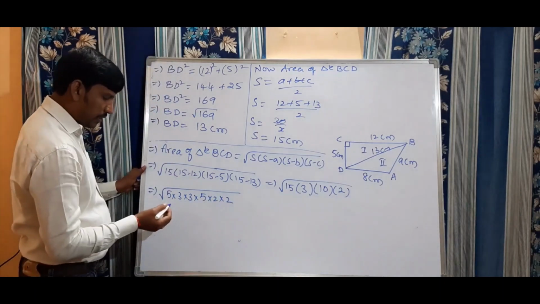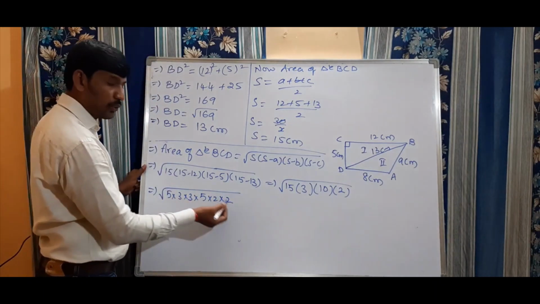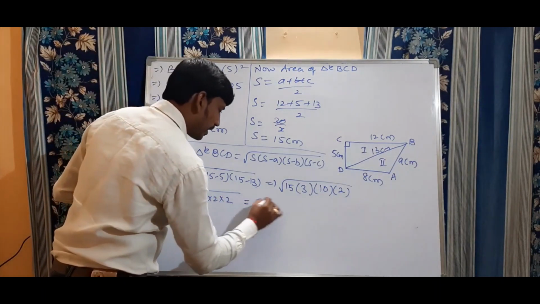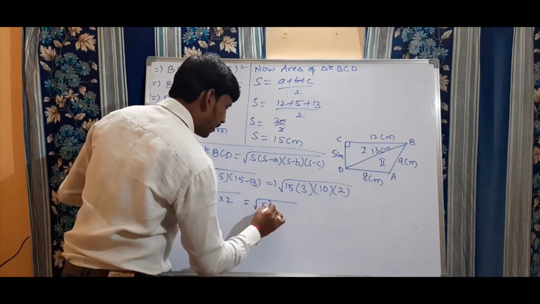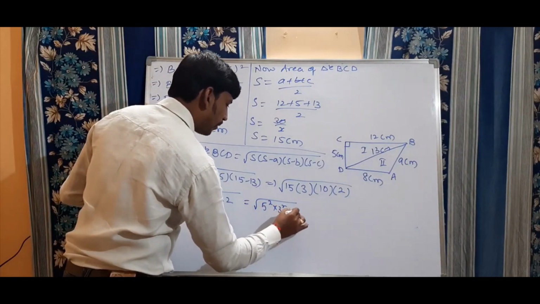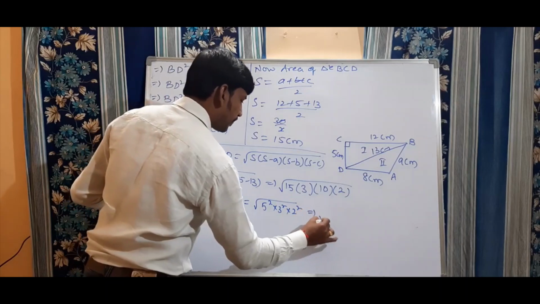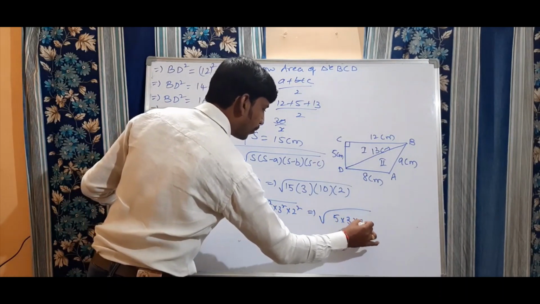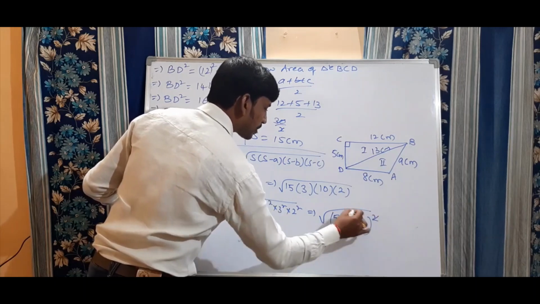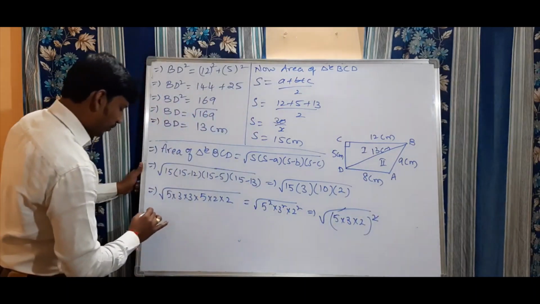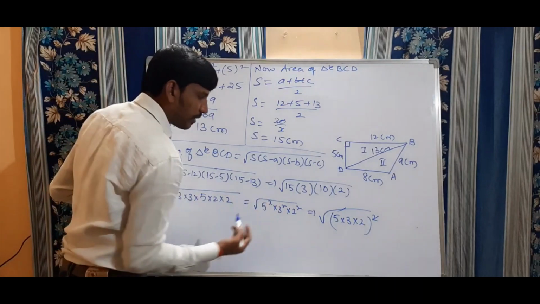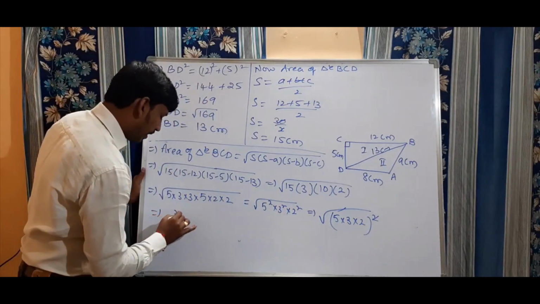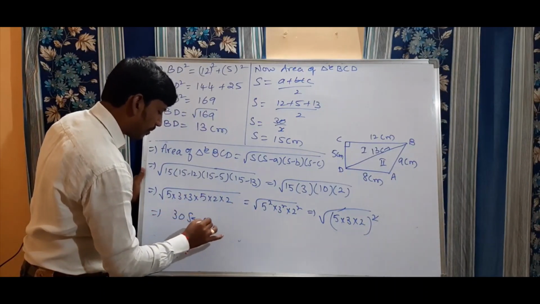So there are two 5s, two 3s, two 2s, which implies under root of 5 square into 3 square into 2 square, which implies under root of 5 into 3 into 2 whole square. The square root will get cancelled. The leftover part is 5 3s are 15, 15 2s are 30 square centimeters.